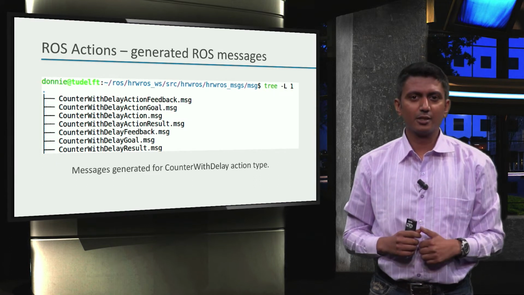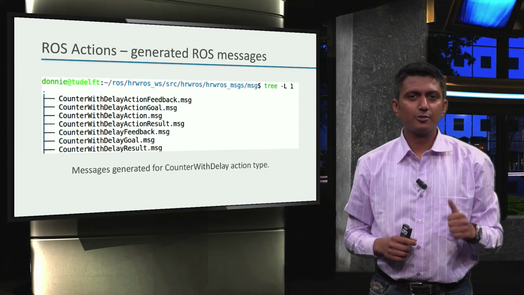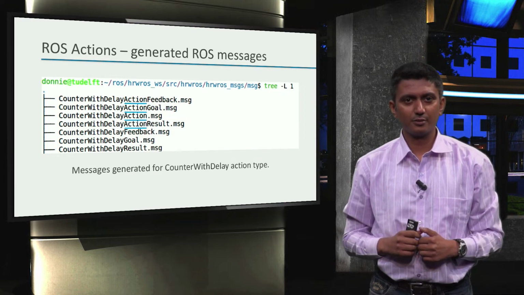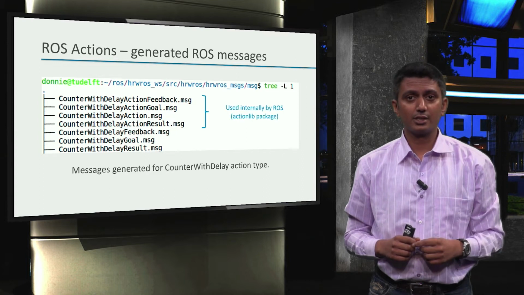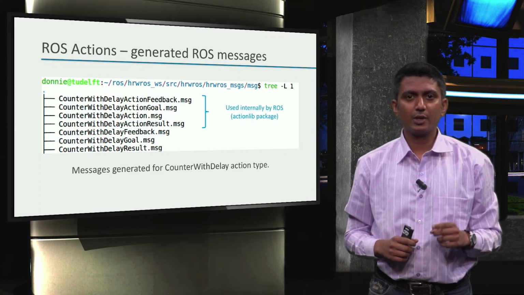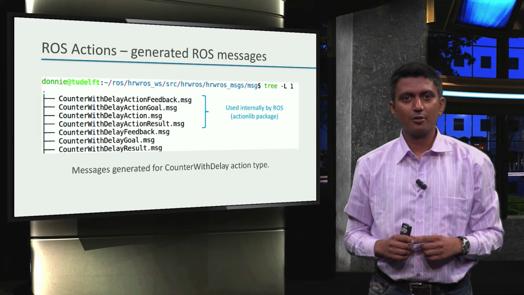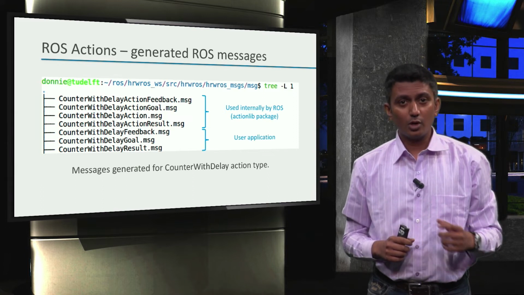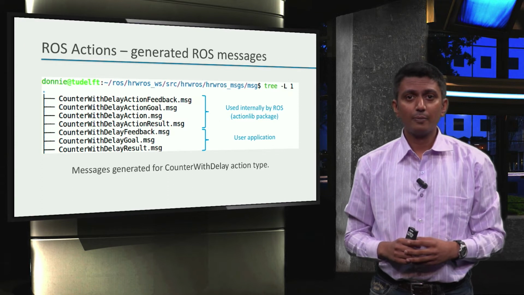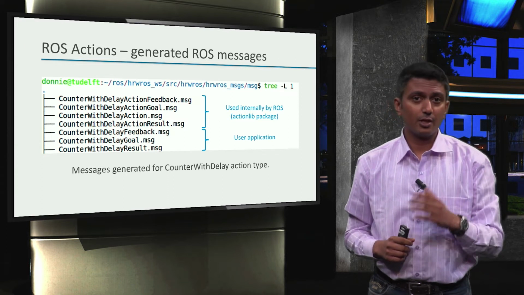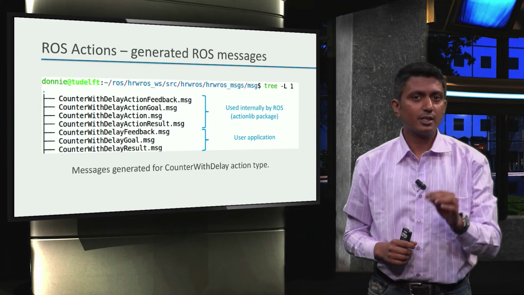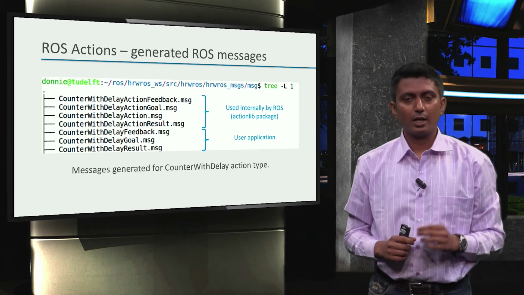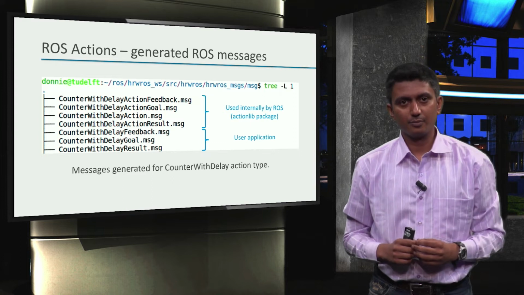The first thing we can observe is that the first 4 messages have the word action in their names. These are messages that are actually used by the actionlib ROS package for internal handling of our action goals. What we as users will use, as you will find out in the next video, are these 3 messages that correspond to the goal, result, and feedback fields of our action definition.